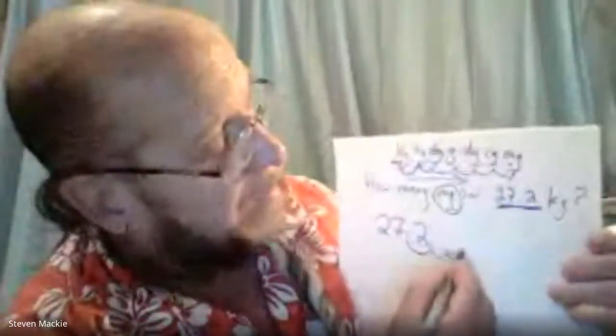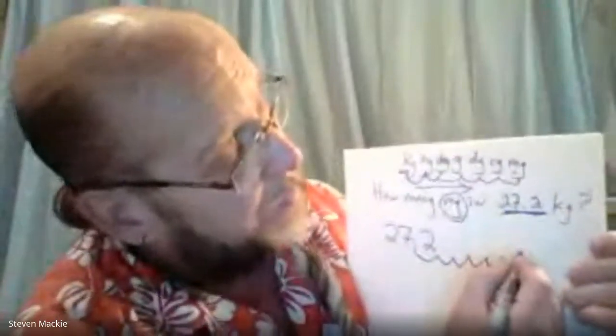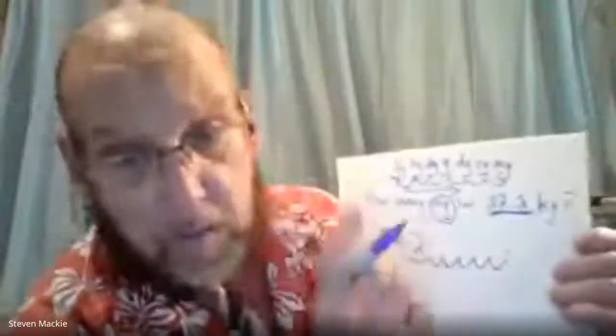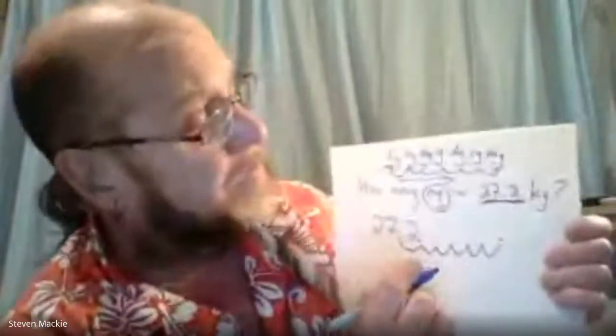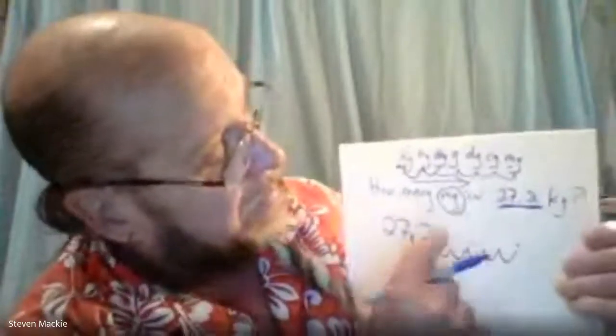Here's the decimal place right here. 1, 2, 3, 4, 5, 6. I'm going to put the decimal place there. I don't need to, but I'm going to put it there so I don't get lost, which is easy for me. So now it's not here anymore.